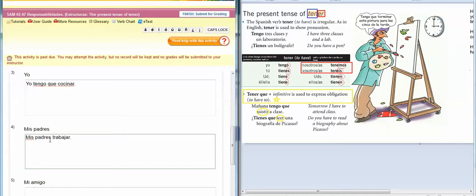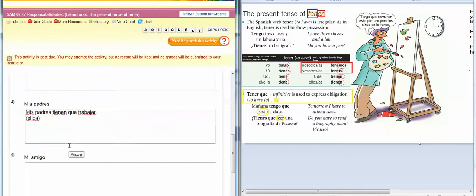So I'm going to think in my head for my parents, I'm going to think of them as ellos, okay? And ellos, tener for ellos is tienen. So instead of writing tengo this time, I'm going to write tienen. And then again, I still have to put que because it's something that they have to do, okay?